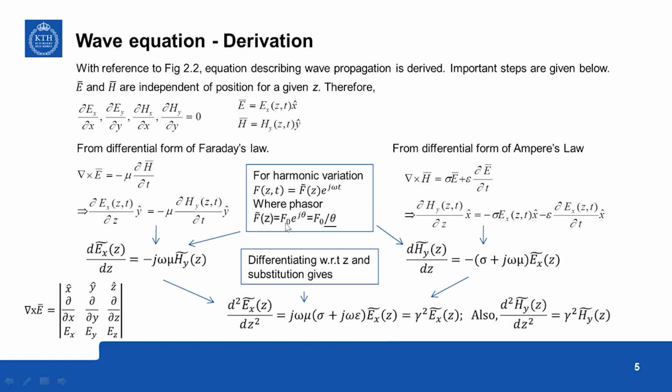That phasor can be written as a magnitude and an angle with respect to a reference. So we can write it like this also, f0 angle theta.